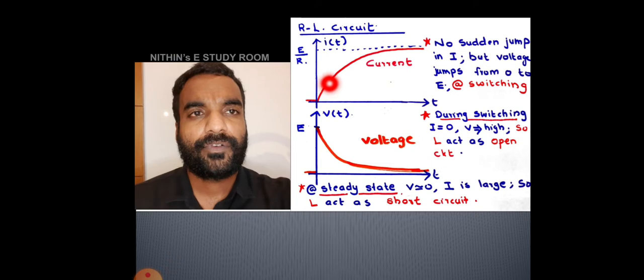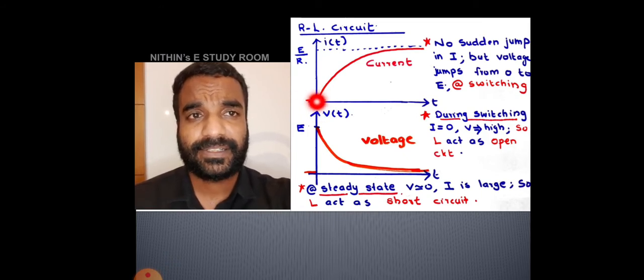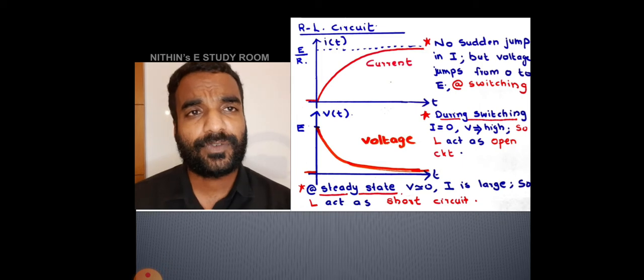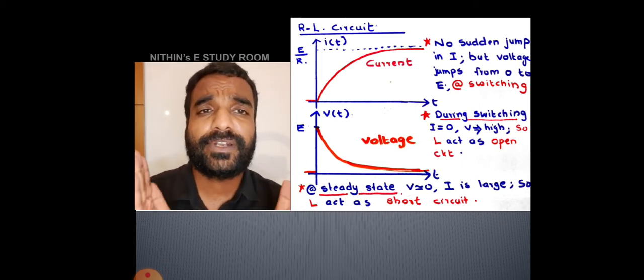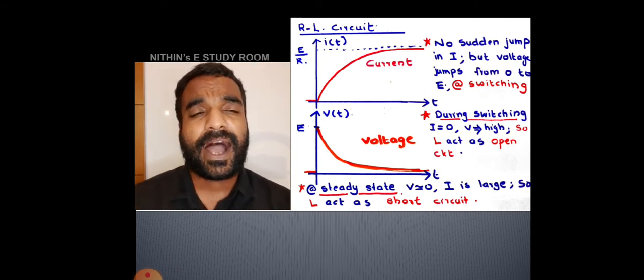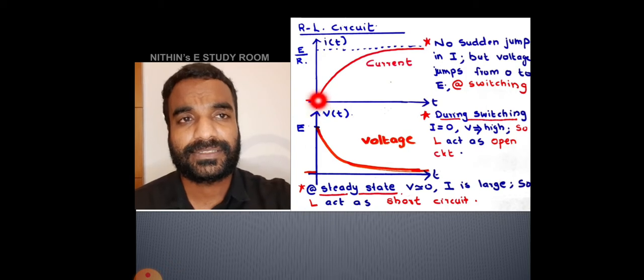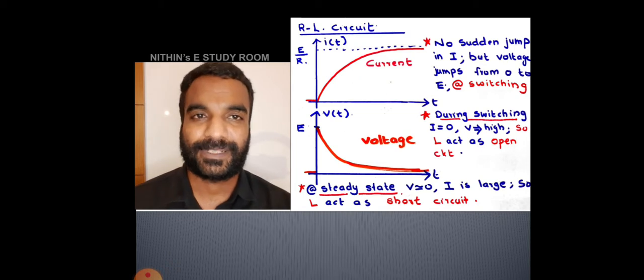So now initially the switch was open, so the current value was 0, and at time 0 instant the switch is closed. Current is gradually increasing towards its final value, and its final value was E by R. We should be very careful that I0, that is the value of current at the 0th instant, is equal to I0 minus and I0 plus.